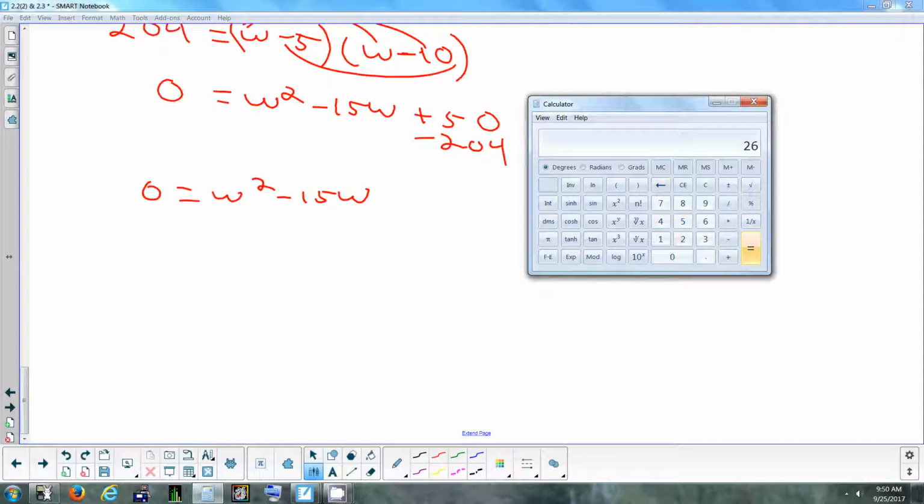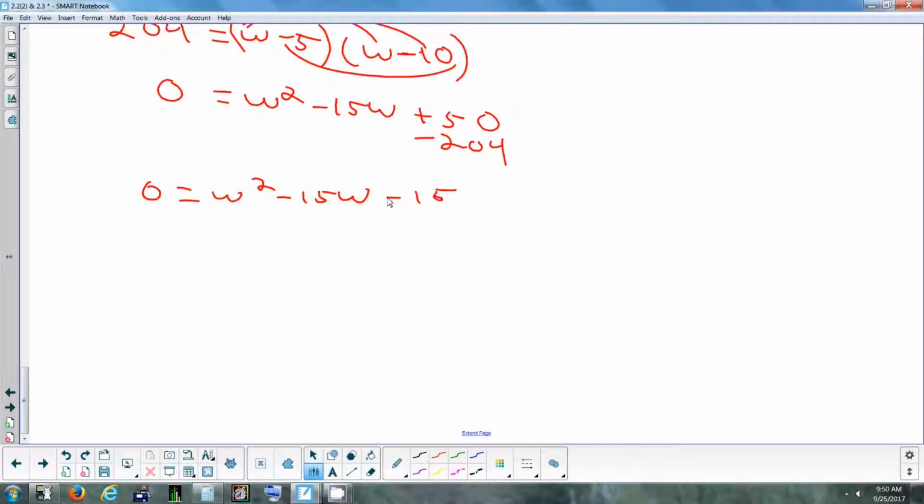Somebody have what 50 minus 204 is? My calculator is not cooperating. Yeah, negative 154, thank you. Okay, and just to save us a little time, this does factor. You don't need the quadratic formula. It might be a little hard to figure out, although the coefficient of W squared is only a 1, so you might be able to get it.